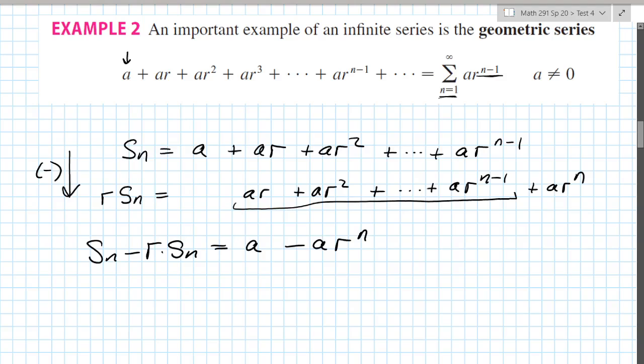Remember, our goal is to find a form for s sub n. So factoring out s sub n, we have this on the left-hand side. It's sometimes convenient to factor out a on the right-hand side, so 1 minus r to the n here.